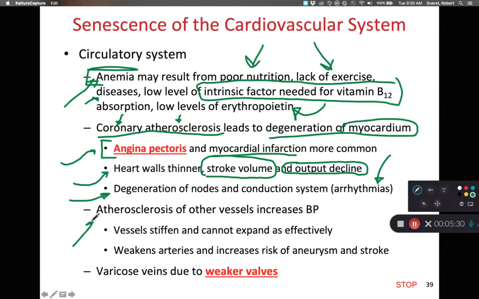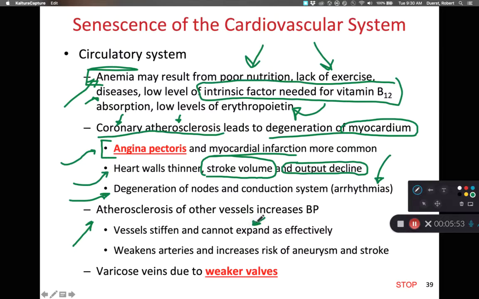We also have atherosclerosis of blood vessels other than the coronary blood vessels. So as atherosclerosis builds up in those other blood vessels, those lipids can absorb calcium and stiffen and cause arteriosclerosis as those vessels stiffen and lose the ability to expand.